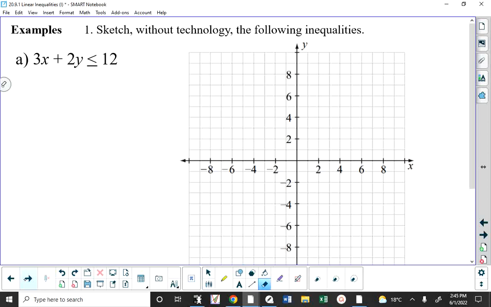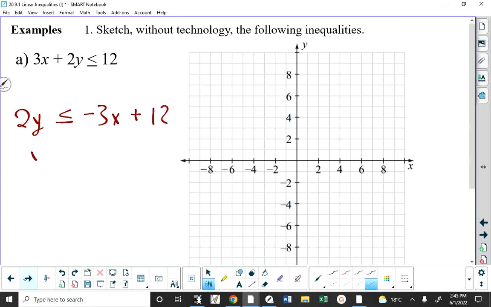So this would be 2y is less than or equal to negative 3x plus 12. I'm just subtracting 3x from both sides. So y is less than or equal to negative 3 halves x plus 6. I'm dividing everything by 2.